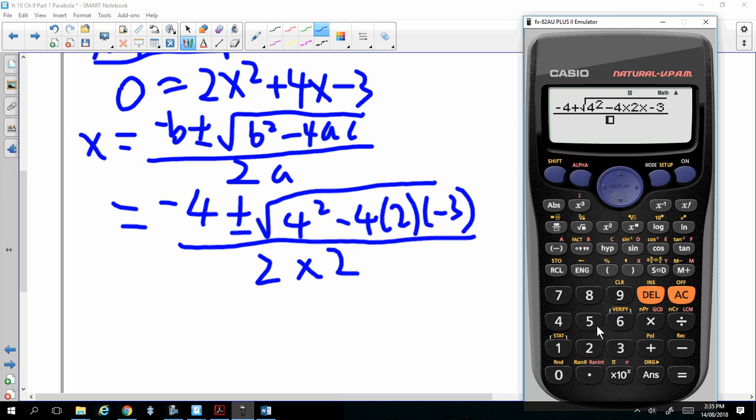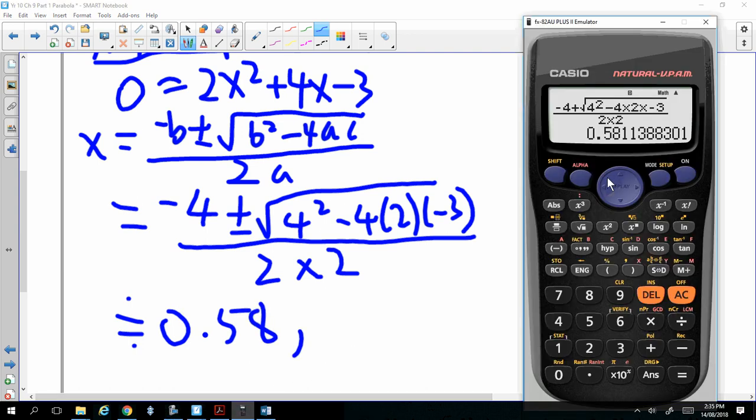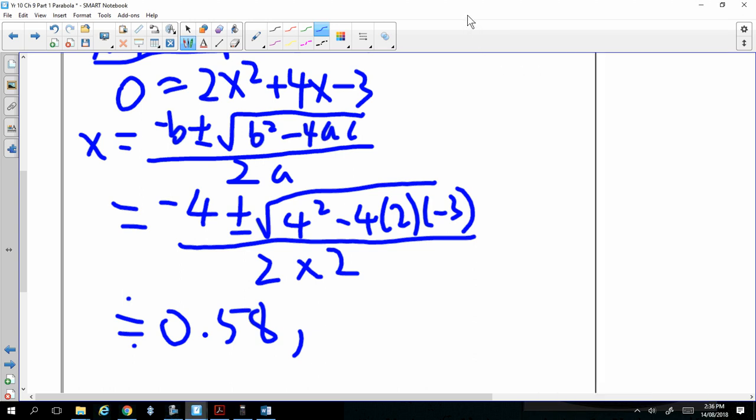Right, get the idea? 0.58. And there's another one where you just have to change it to minus: negative 2.58. Yeah, we got it. So these are the 2 x-intercepts.